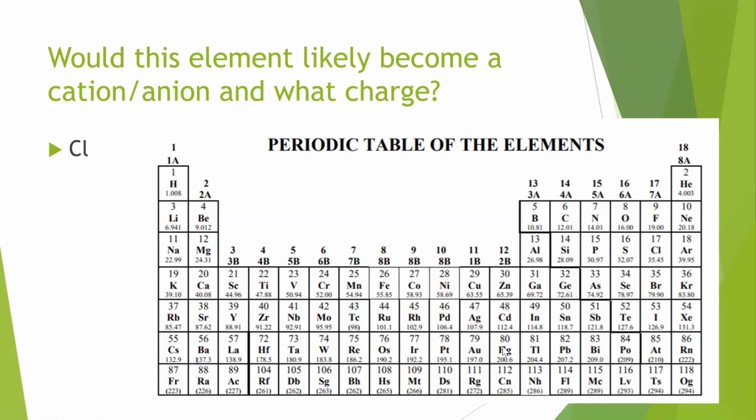I'll give you a hint. Chlorine is right here. So would it be a cation or anion? And what would the charge be? Okay, let's work through it. This is 1. There's 2.